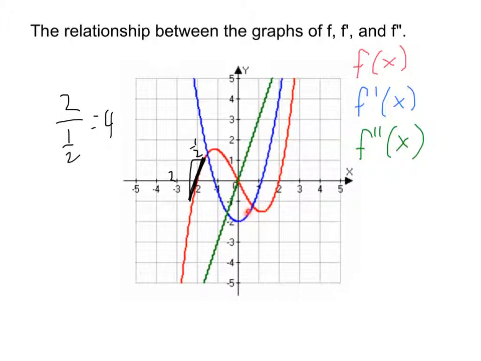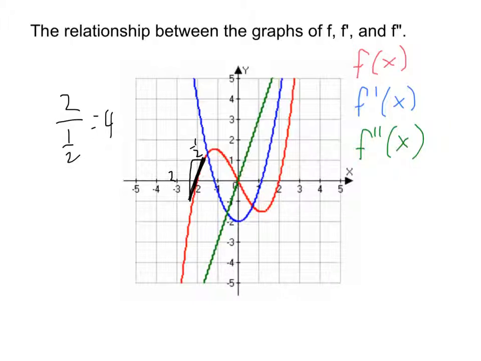Then our slope starts getting positive and it gets steeper and steeper and steeper as we go. Well, f double prime starts at 0, gets positive, and gets bigger and bigger positive as we go. Okay, so that's the relationship between f and its slope function f prime, and the relationship between f prime and its slope function f double prime.